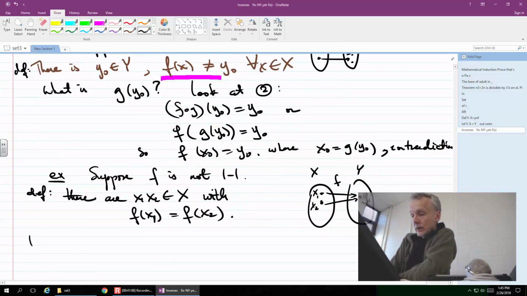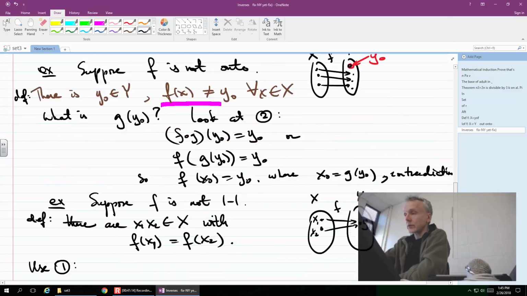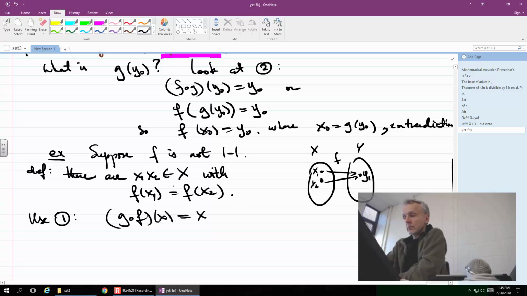So I use property 1: g of f of x is equal to x. In particular, it will be true for x1, and it will be true for x2.